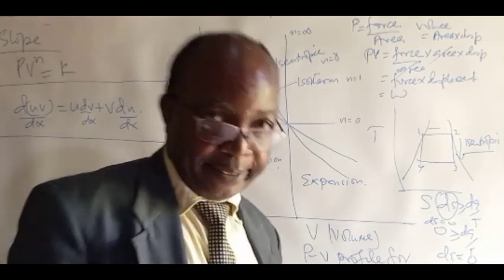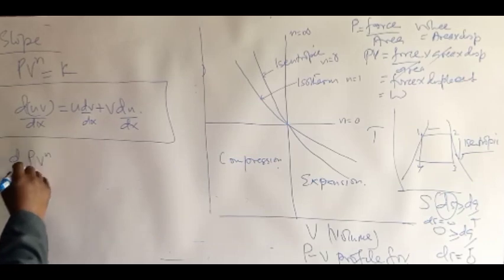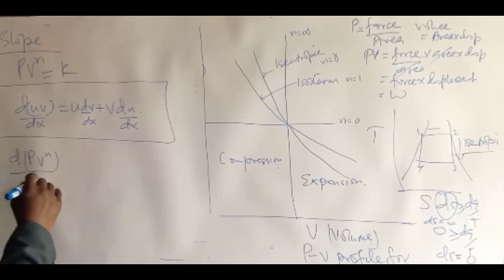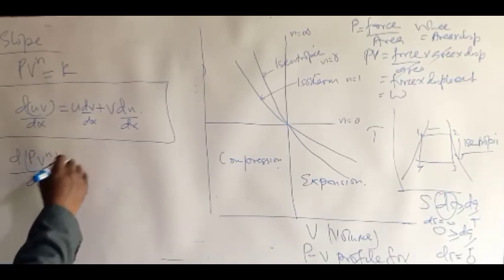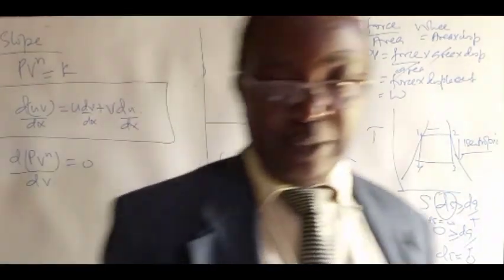That's for the product. Now, if we apply that, take the derivative of PV^n with respect to V, that will be 0, because the derivative of a constant is 0.